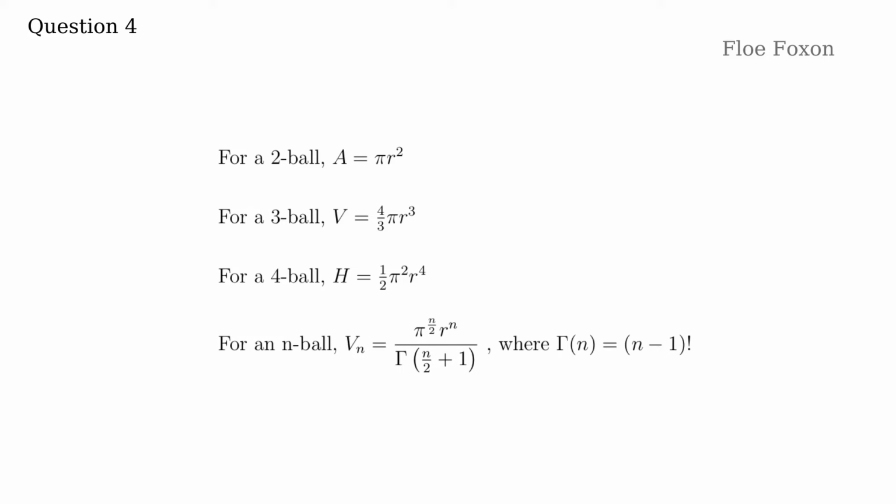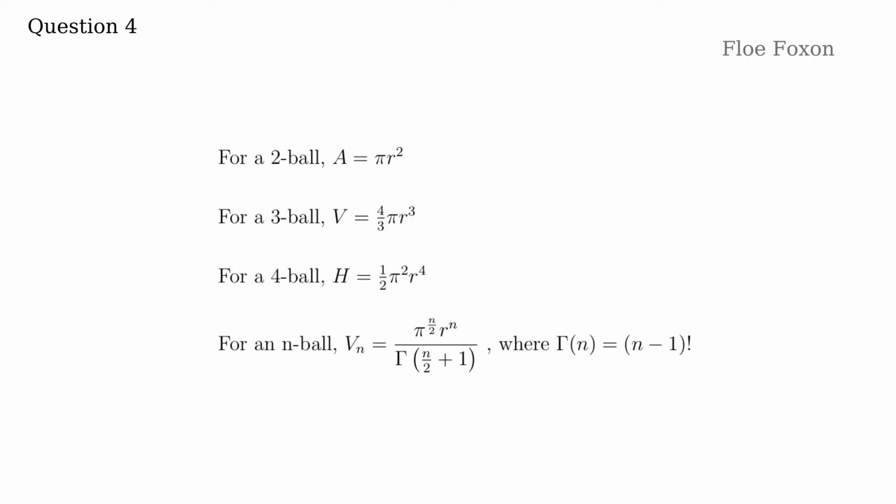We can see this increase in the power of r more clearly by evaluating the integrals to obtain the n-dimensional volume of a sphere in n dimensions, which is called an n-ball. I don't come up with the names. Again, for a circle, the area is pi r squared. For a sphere, the volume is 4/3 pi r cubed, and for a hypersphere, or 4-ball, the hypervolume is 1/2 pi squared r to the fourth power.